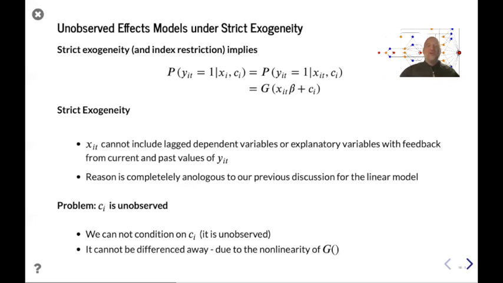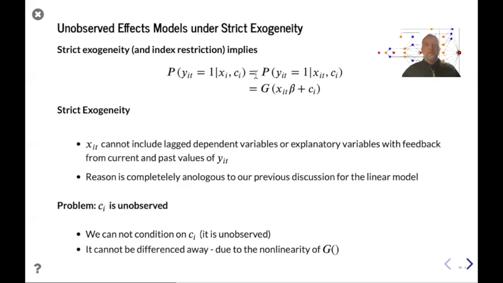And that would violate this strict exogeneity assumption. So we cannot have those kinds of effects. If you think those kinds of effects are in the context you're trying to model, then you have to explicitly model those feedback effects, or at least not use unobserved effects models under strict exogeneity. We've discussed these reasons earlier. I'm sure that Jesper also talked about that in the context of the linear panel data models.